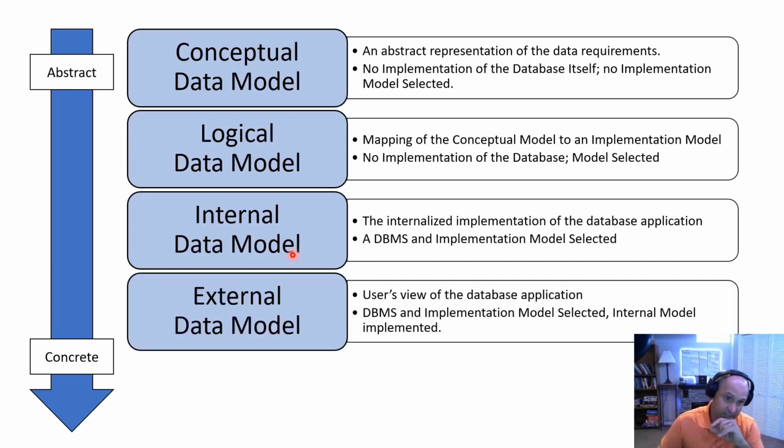The first is the external model. The external model is the user's view of the physical artifact. So, for example, when I'm in Venmo, I press a button and I pay someone $100 and something happens, right? That code needs to be written to satisfy the user interface, right?